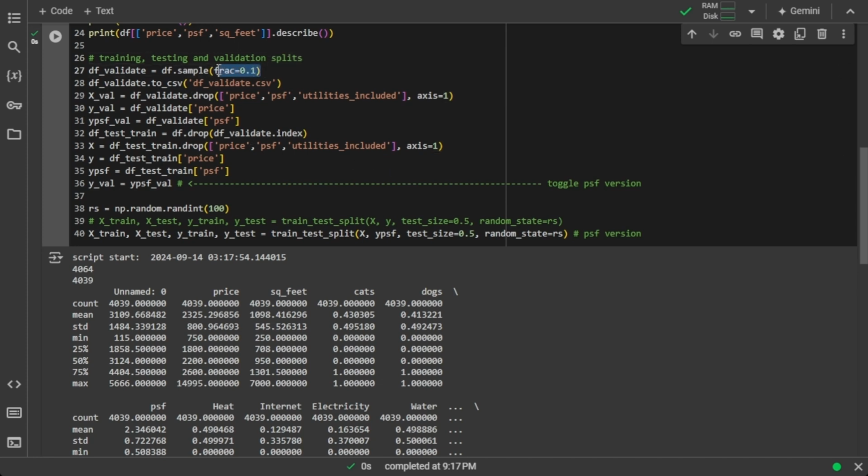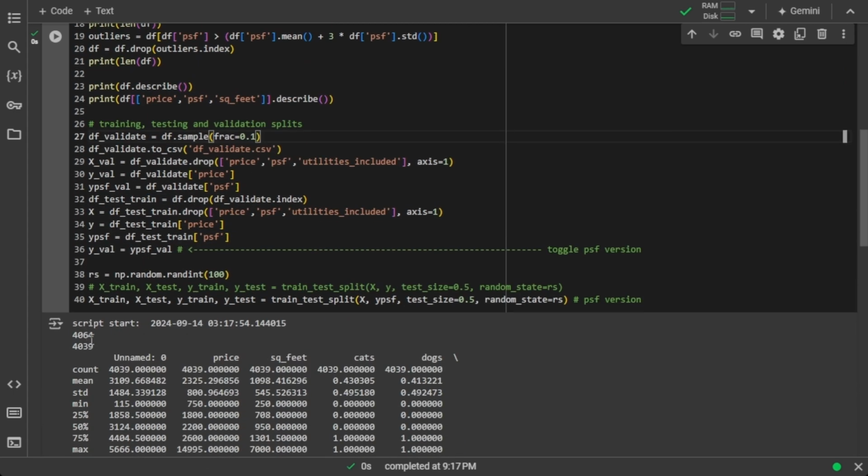And so you can see right here, this is the fraction of the original 4,039 that is going to be split out for validation at the very end for pure testing. This is the fraction that is going to remain pure, kind of clean. It's not going to ever contaminate the formation and development of the model and the AI. So in this case, I'm choosing 10%. I'm choosing to hold back 10% for testing at the end.